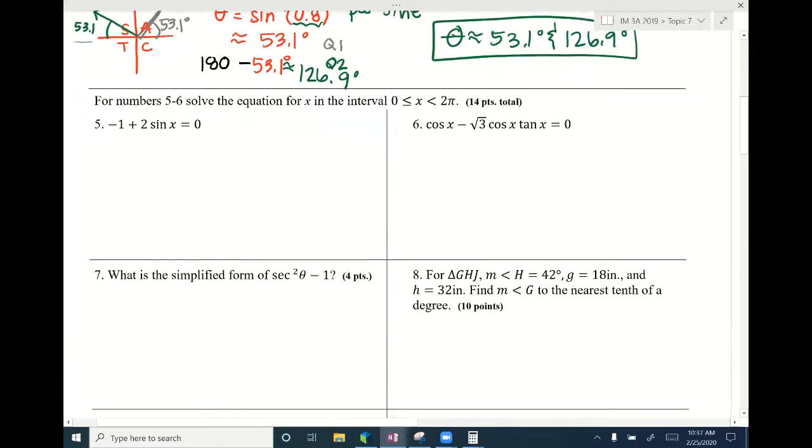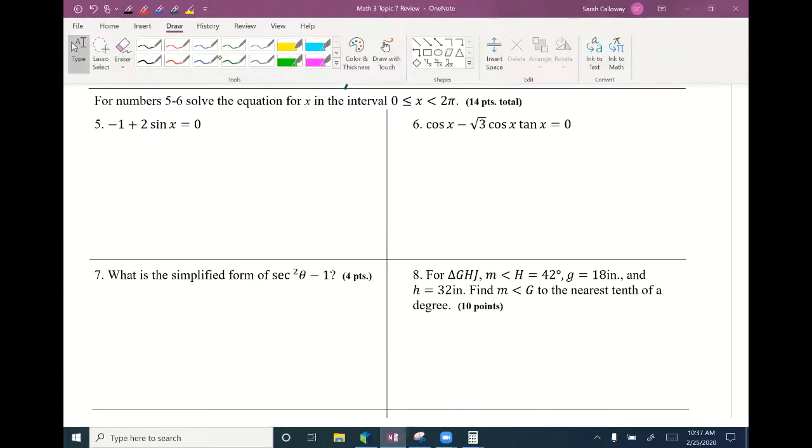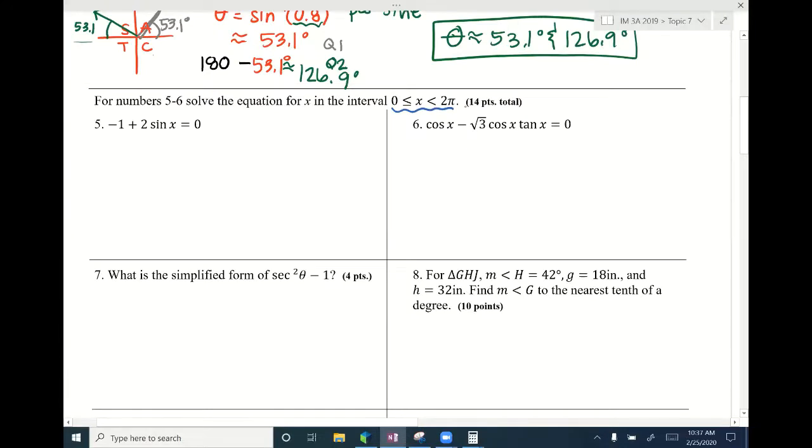For numbers 5 and 6, notice it's asking me to solve the equation on the interval from 0 to 2 pi. So that tells me that my answers need to be in radians, and I need to use the unit circle. So our first job is to isolate the trig function, or trig functions if I have more than one. In problem 5, the trig function is sine x.